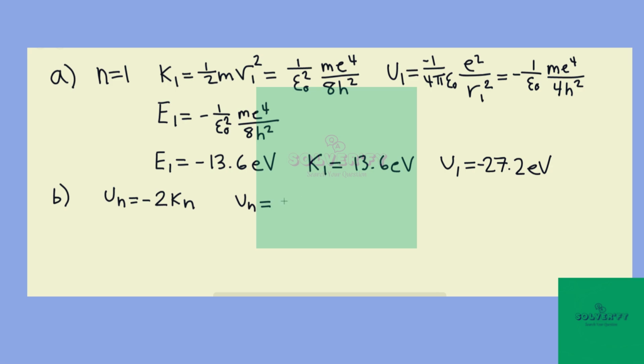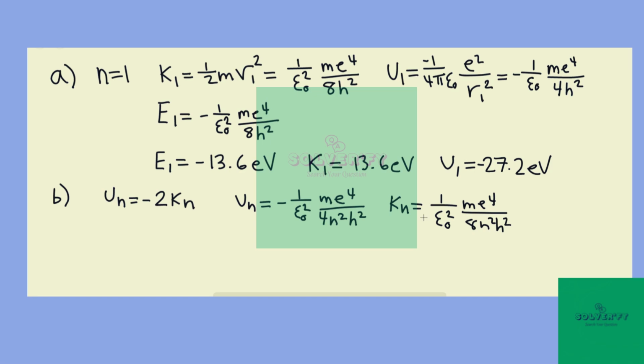For Un, we have -1/epsilon naught squared, m e to the 4 over 4n squared h squared. And this is simply combining the Bohr radius with the potential energy equation. Similarly, with kinetic energy, we have 1/epsilon naught squared, m e to the 4 over 8n squared h squared.